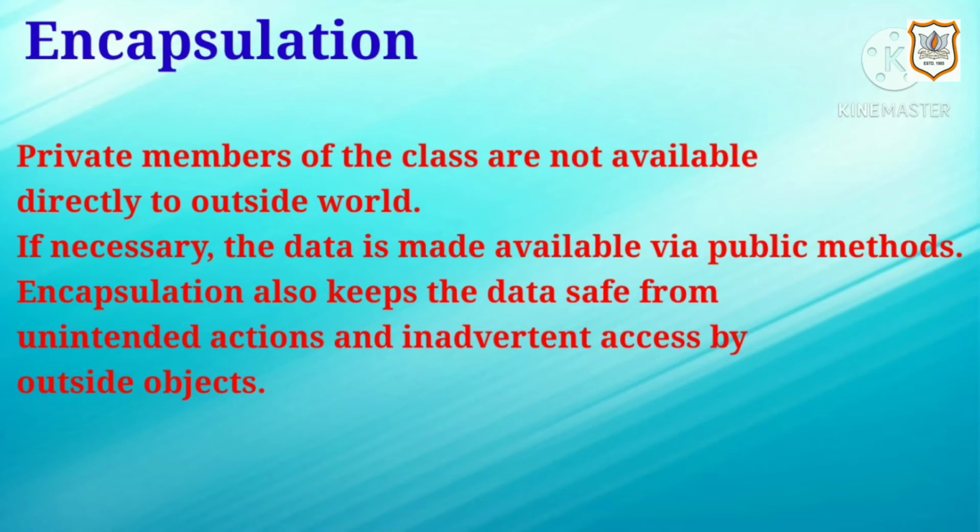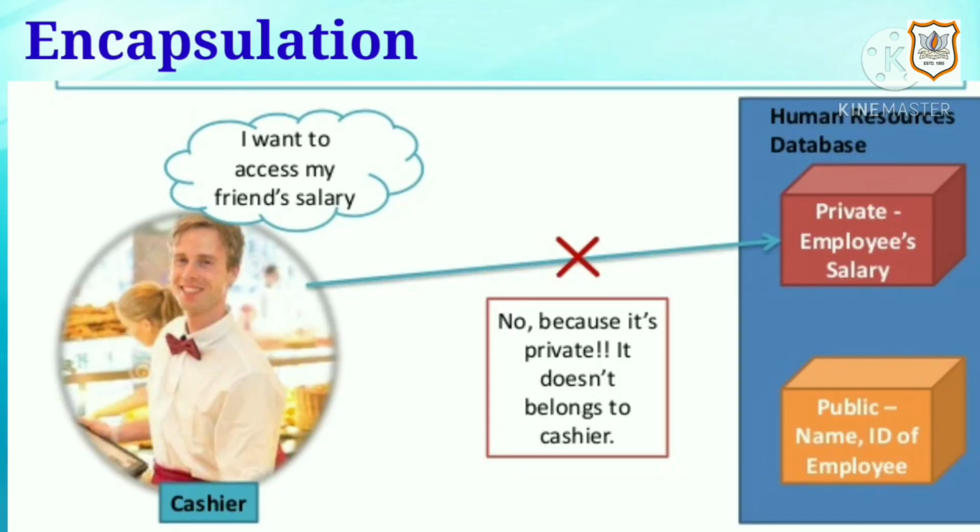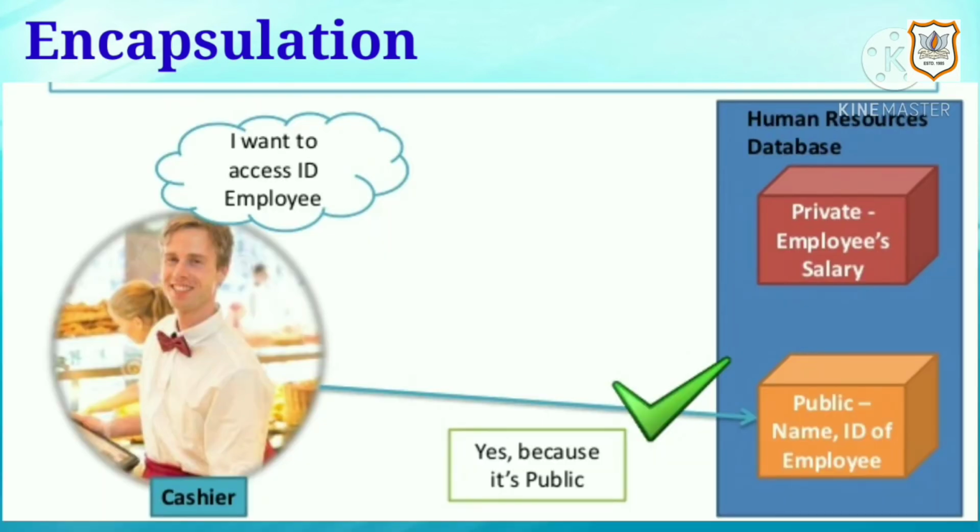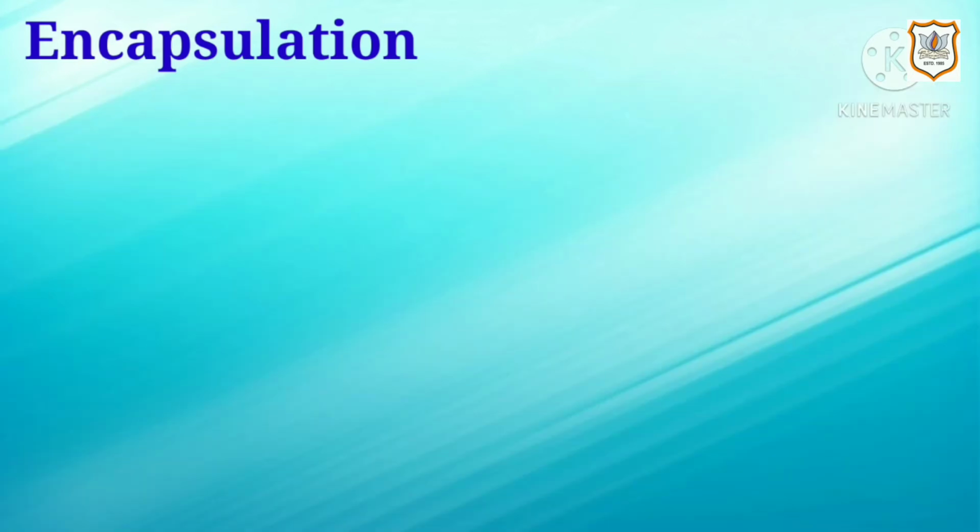If necessary, the data is made available via public methods. Encapsulation also keeps the data safe from unintended actions and inadvertent access by outside objects. This image is related to the private method of encapsulation. This image is related to the public method of encapsulation.